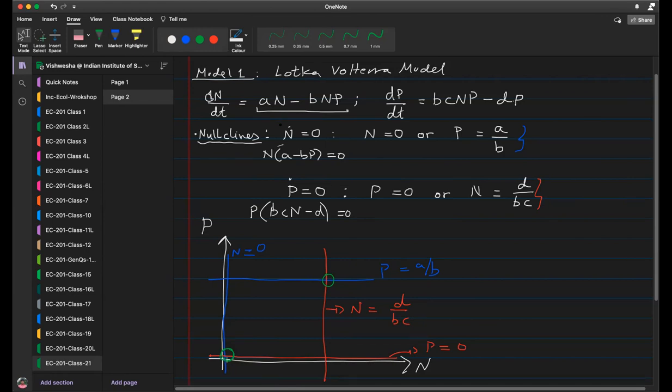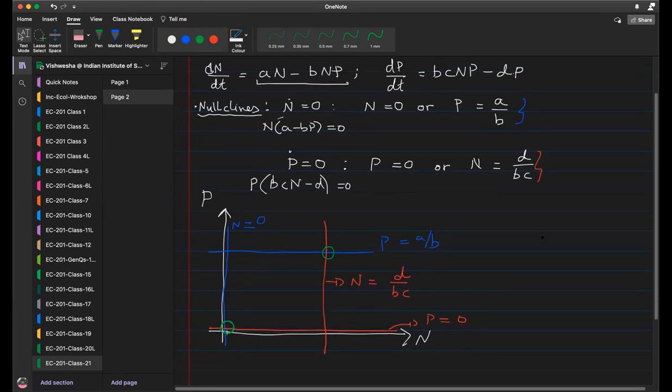Now, you might be wondering, isn't it possible that predators will over consume and therefore things will go extinct? Unfortunately, in this case, this is not as simple as a one-dimensional case.